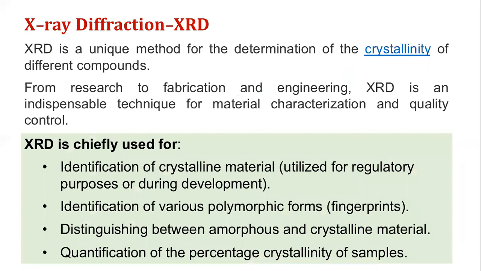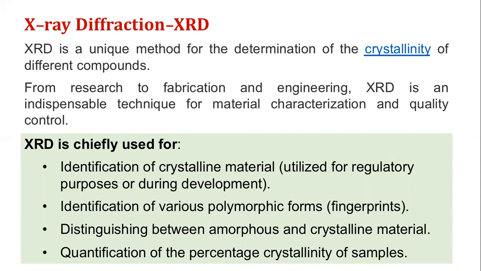The most important and unique method for determining the crystallinity or the crystalline nature of different compounds is X-ray diffraction analysis. So from research to fabrication and engineering, X-ray diffraction analysis has now become an indispensable tool for not only material characterization, it also helps in quality control, in trying to understand the purity or nature of particular compounds.